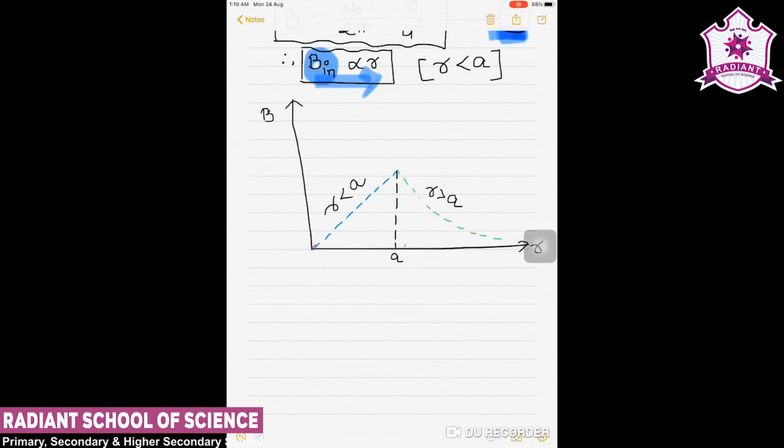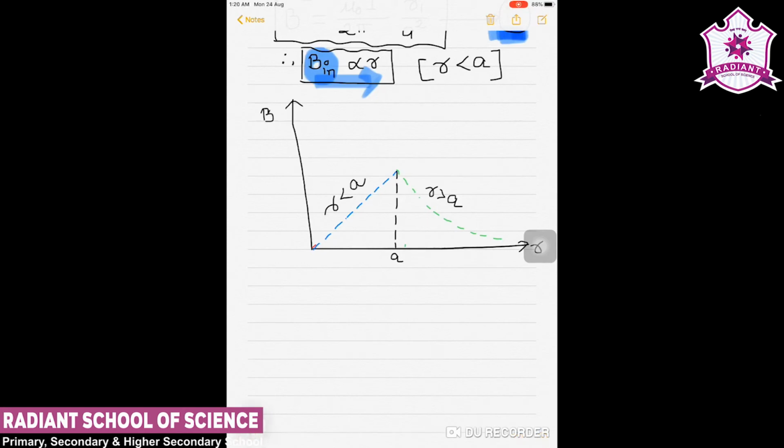So r, when taken inside the wire, is directly proportional to the field. If we take the Amperian loop outside the wire, the field will decrease, as shown by the green dots.